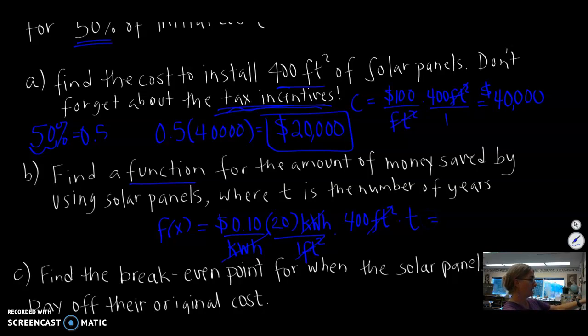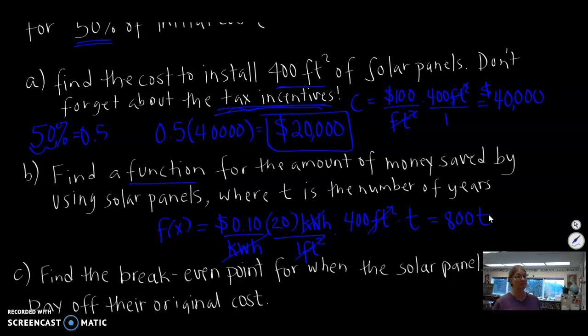I'm going to leave the dollar sign off, but just know that that's what the units will be. 0.1 times 2 is 0.2, and 0.2 times 400 is 800T. That's how much we're going to save per year. So we're saving $800 every year.